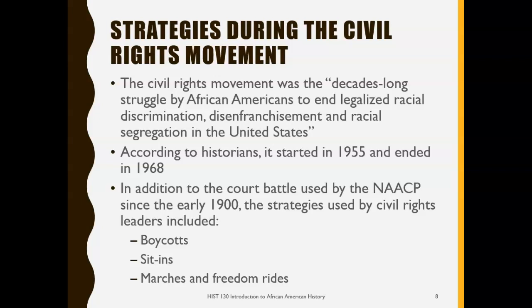There were also sit-ins, especially the lunch counter sit-ins. And the most well-known strategies were the marches, but you have also freedom rides. So this consists in riding buses from the north to the south.